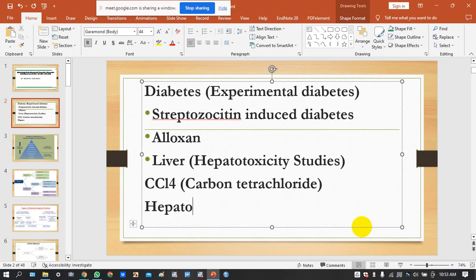So we use it to cause hepatitis, hepatotoxicity in laboratory animals.